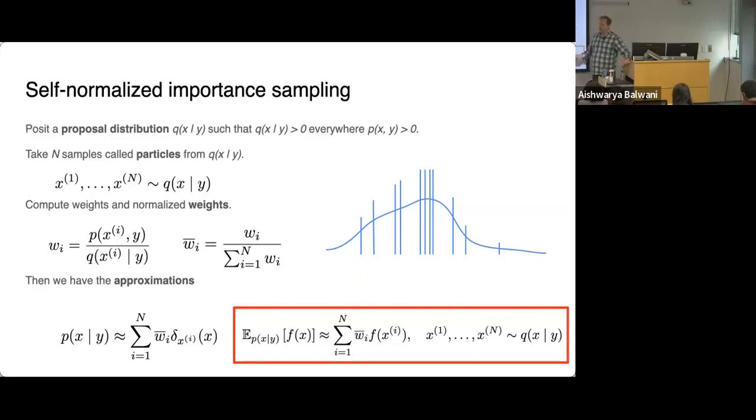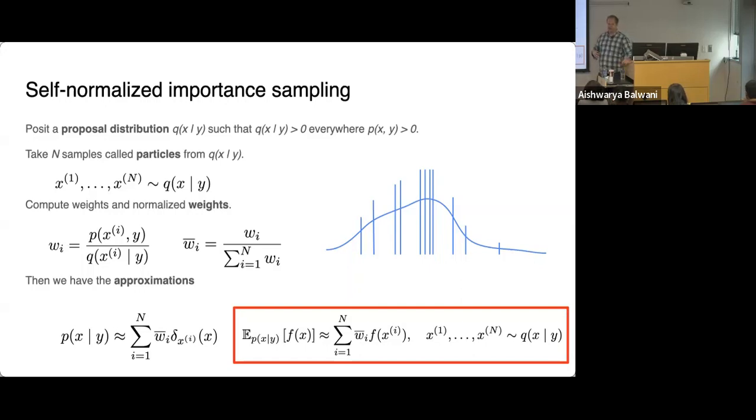So first thing to note, all these weights are positive because both P and Q are positive, and Q is greater than 0 anywhere P is greater than 0. That's this absolute continuity requirement that we have up here. So these weights are always positive heights of these blue spikes. And then once we've done that, why have we gone to this? It's because once we've collected these weighted particles, we can use them to compute or approximate expectations under the posterior distribution.